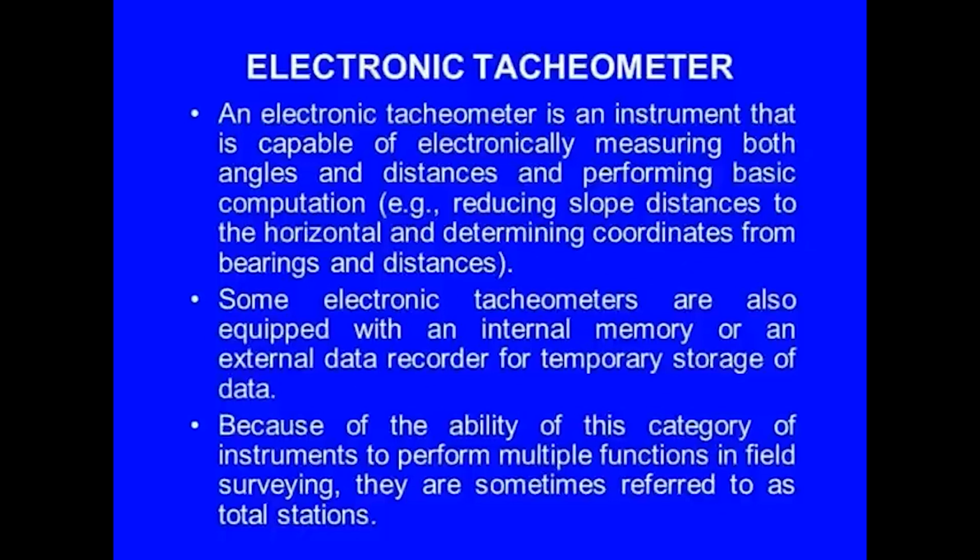Some electronic tachymeters are also equipped with an internal memory or an external data recorder for temporary storage of data. Because of the ability of this category of instruments to perform multiple functions in the field, they are sometimes referred to as total stations.